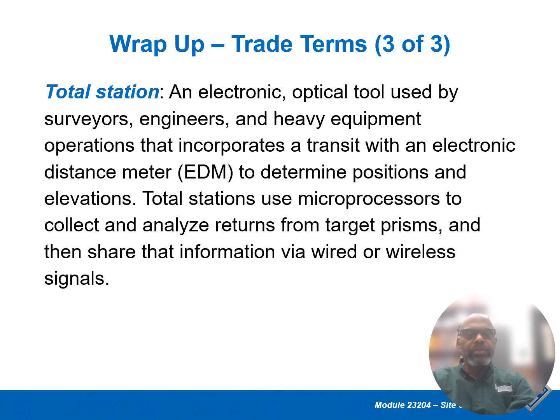Total stations use microprocessors to collect and analyze returns from the target prism, and then share the information via wired or wireless signals. So we do have total stations here at the school. It's an expensive piece of equipment that we use for surveying.